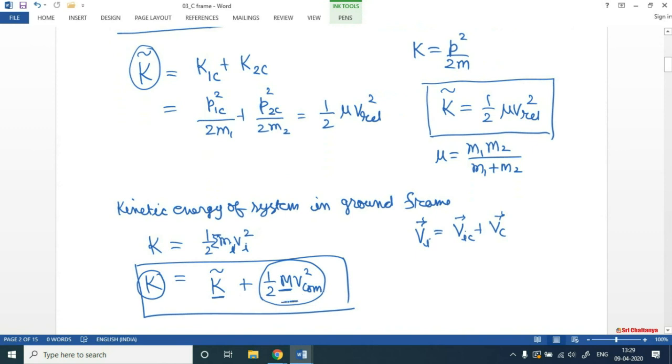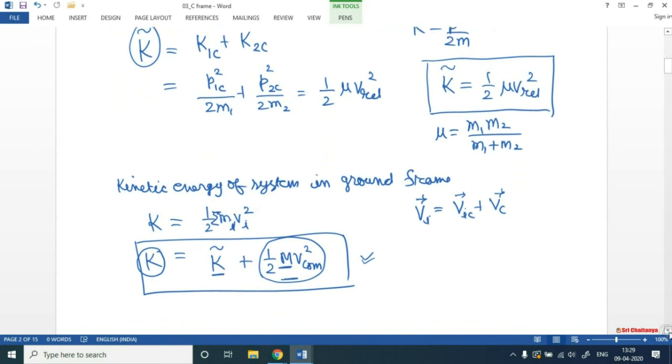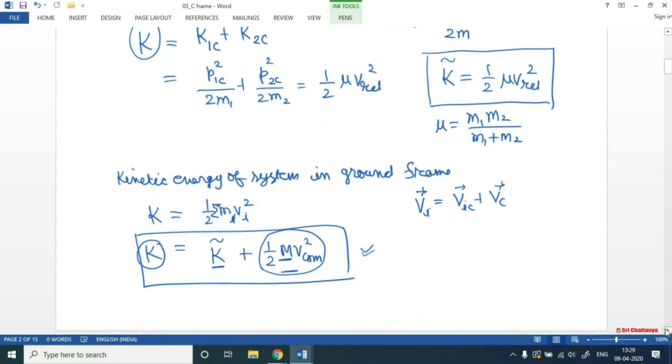So this term considers the whole body as concentrated at the center of mass, moving with velocity VCOM. That effectively gives us the total kinetic energy of the system.